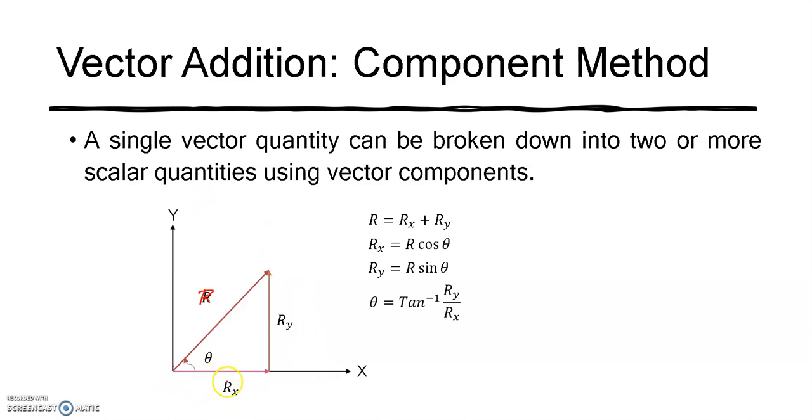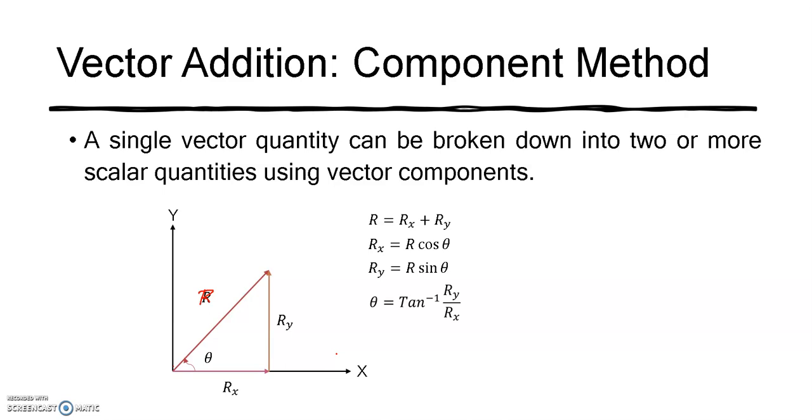You represent the resultant component on the line x, and then the resultant component y on the coordinate y. So here you have formed a right triangle.